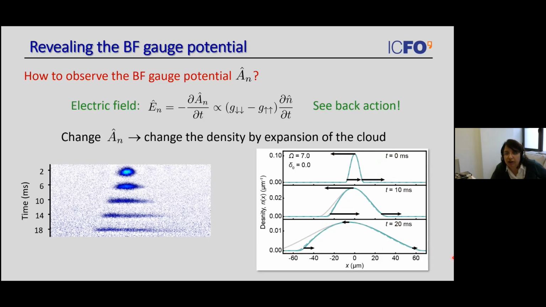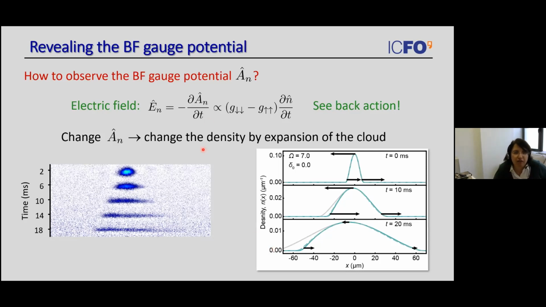The solid line is what the BF theory predicts, and the dashed line is what a full GP simulation of your Raman coupled system predicts. And you see they are in good agreement. So the system is well described by this BF theory. And you also see that it's really becoming asymmetric. Here, the gray line would be what you expect for a symmetric cloud.